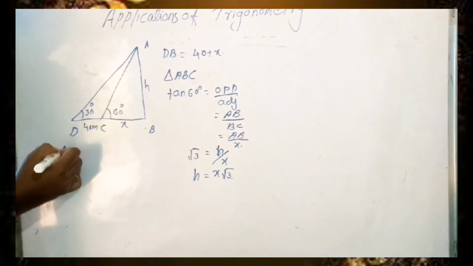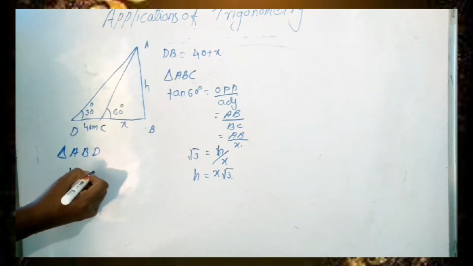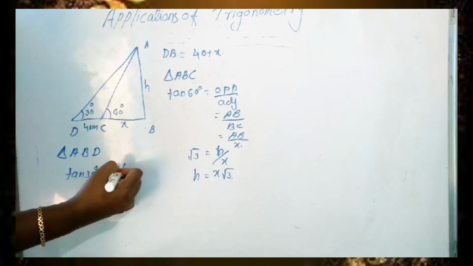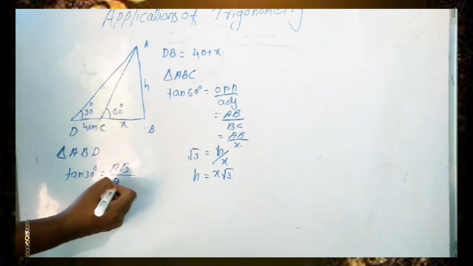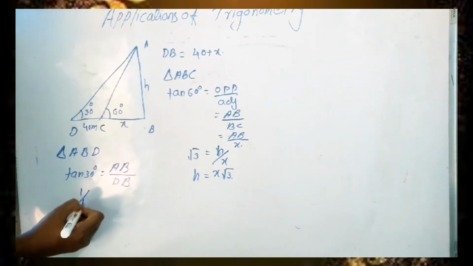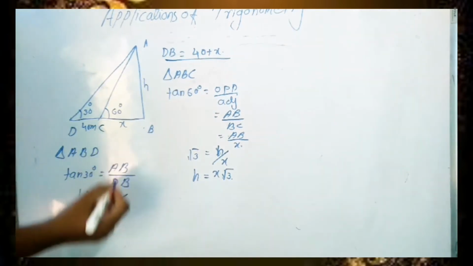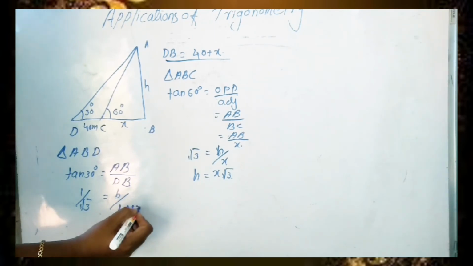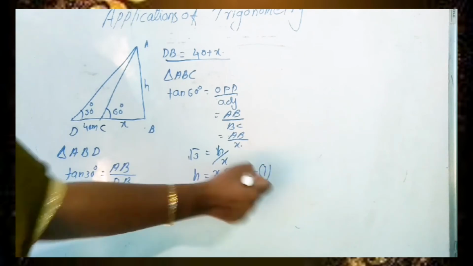Now consider triangle ABD, and tan 30 degree is equal to opposite side AB by the adjacent side DB. And tan 30 degree value is 1 by root 3 is equal to AB, that is H, and DB is 40 plus X. So 1 by root 3 is equal to H by 40 plus X. Suppose this is equation number 1.